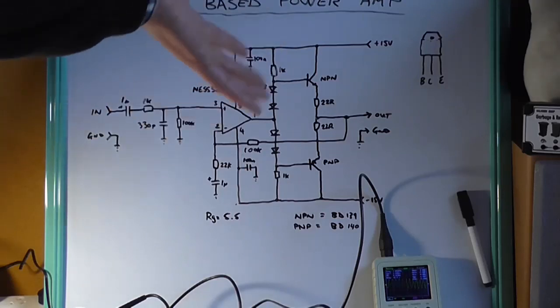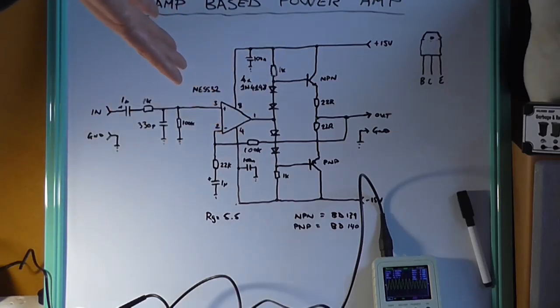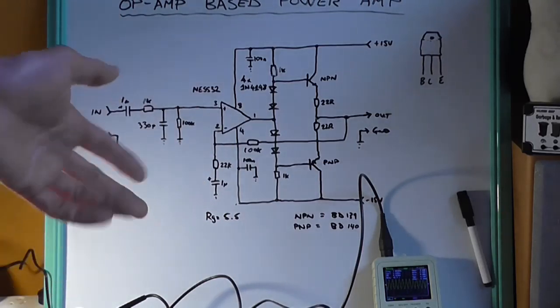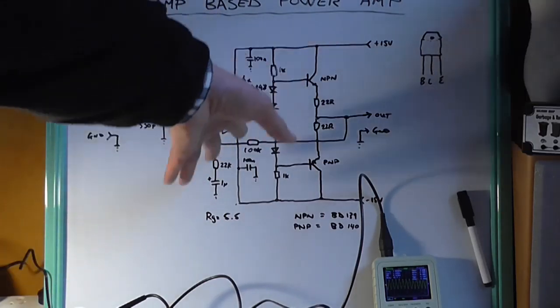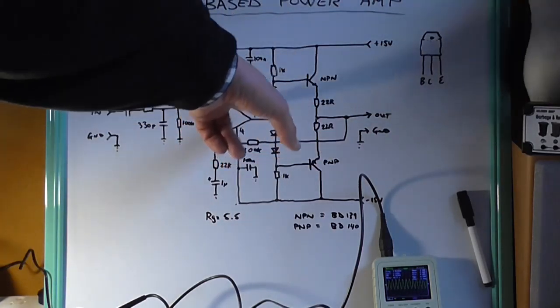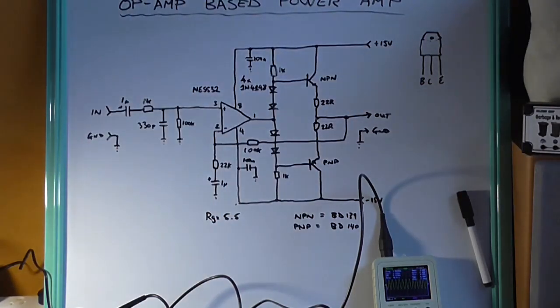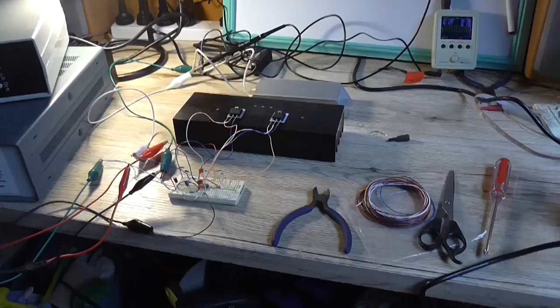You could probably get 20 watts out of the transistors, but in its current configuration, because it's sharing the plus minus 15 volt rails, you're only going to be able to get it to output to those rails. 1 watt driving into a speaker is not very loud, but it's considerably loud.